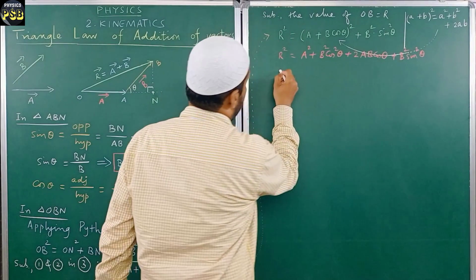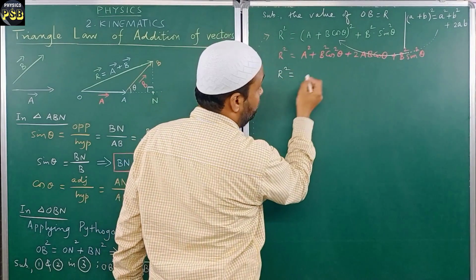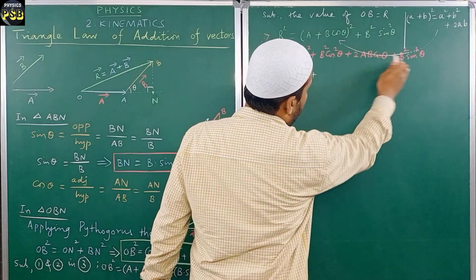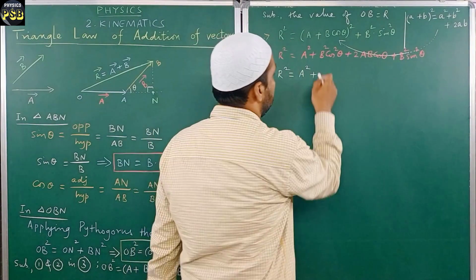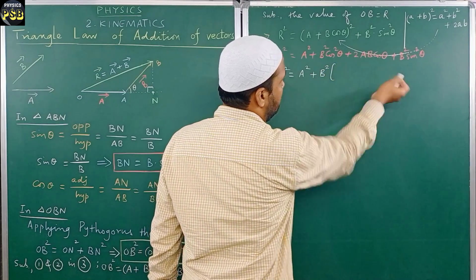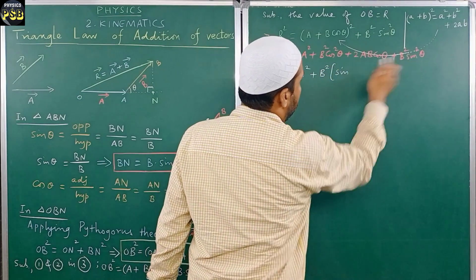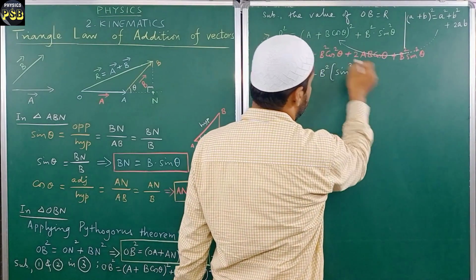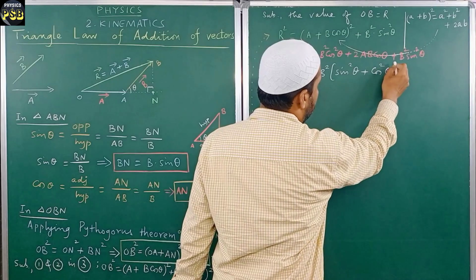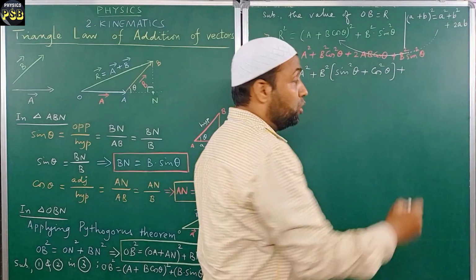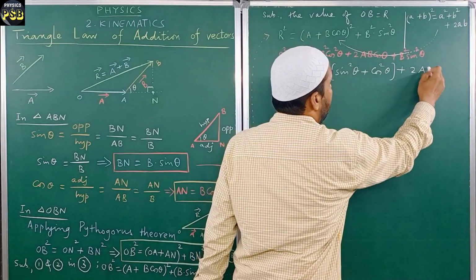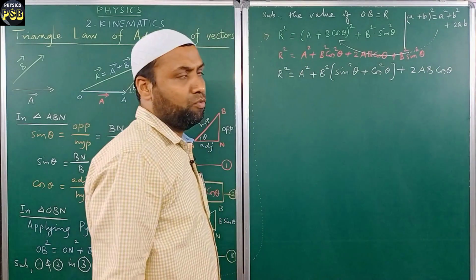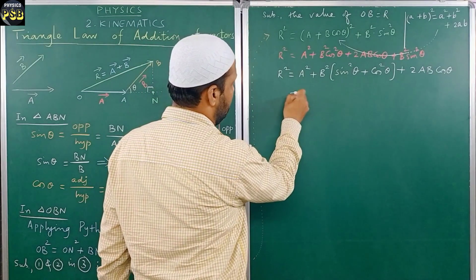R square is equal to A square plus, now in these two terms B square is common, so B square is taken out. I skip one step here: sin square theta plus cos square theta, plus 2AB cos theta is what we have taken.